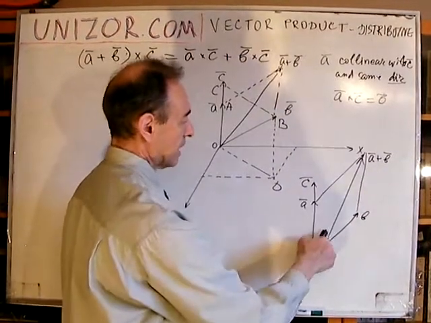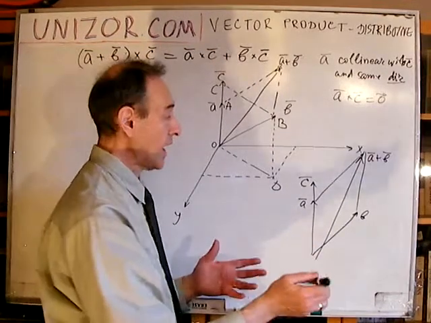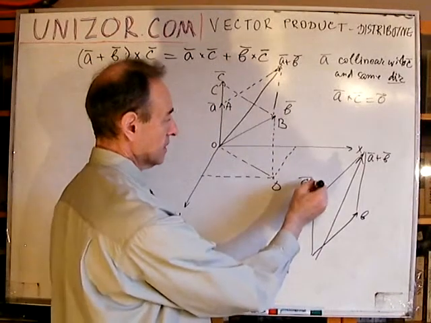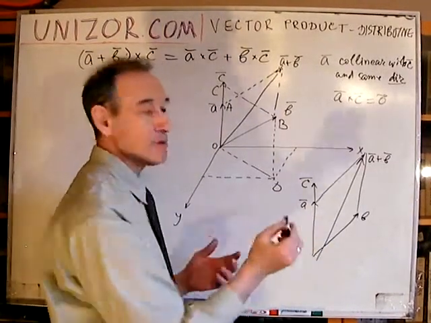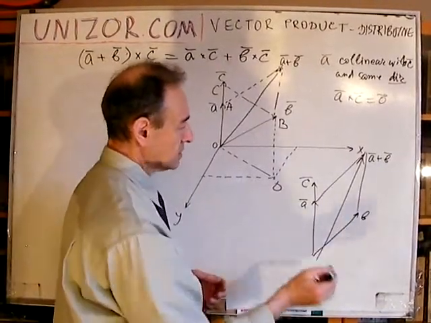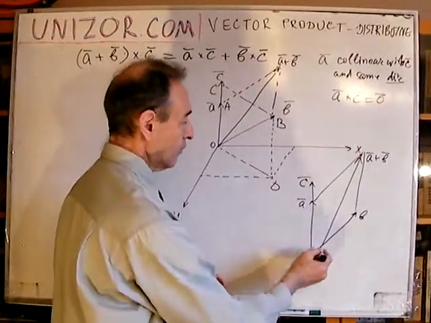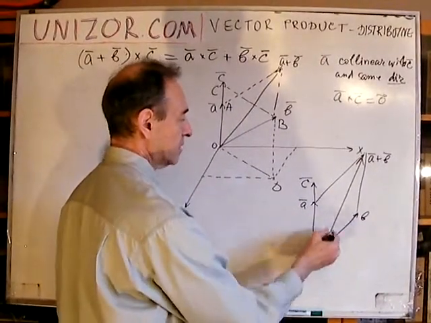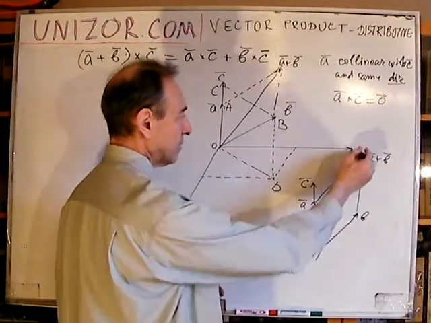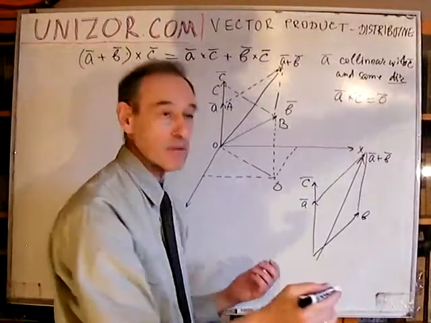And A plus B vector product by C also would go this way. Why? Because all of them belong to the same plane, and the vector product should be perpendicular to all the participants, right? So it's perpendicular to C, and it's perpendicular to B, and it's perpendicular to A plus B, right? So B times C would be perpendicular to this plane, and A plus B times C would be perpendicular to this plane. But this is the same plane, so it's the same perpendicular.